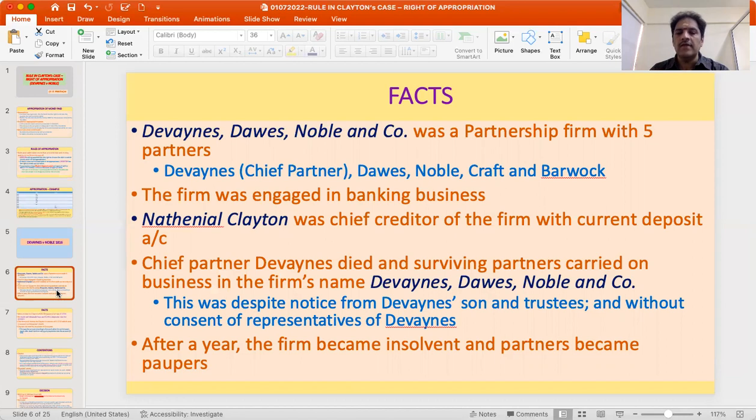So without the consent and despite the notice of the trustees, the partnership continued in the same name and also continued to do business by the surviving partners. Then after a year, the firm became insolvent and the partners became paupers.